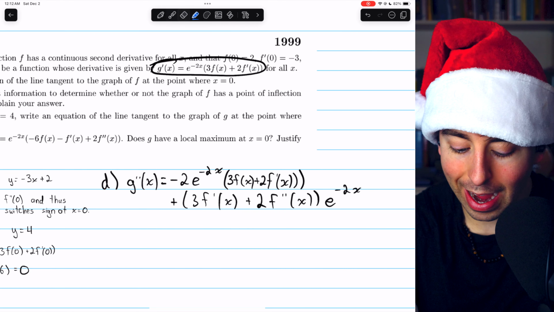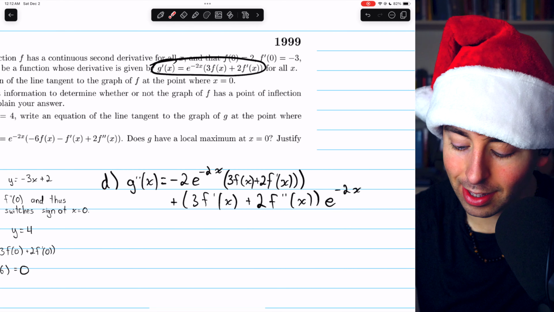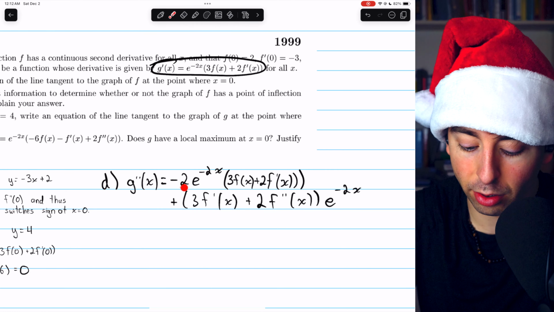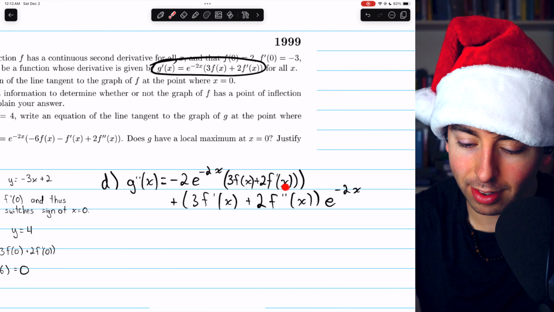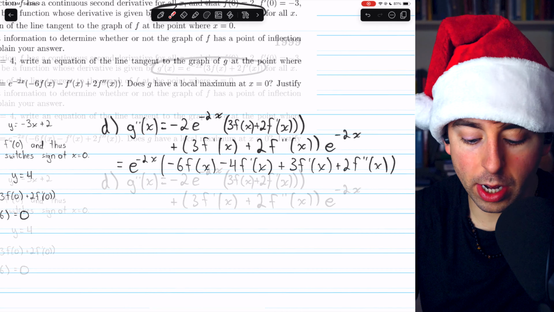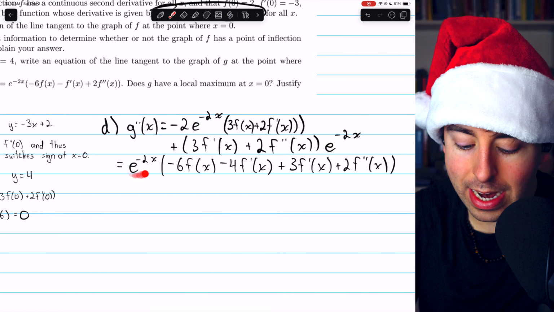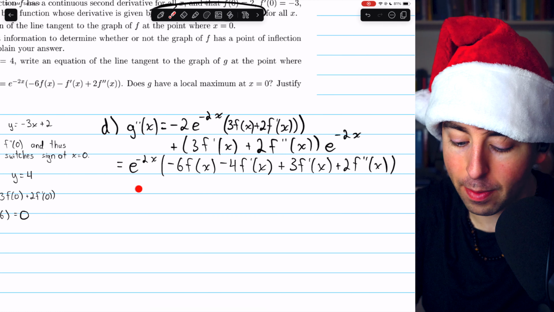Now we can factor out an e to the negative 2x from both of these terms. We can also then distribute the negative 2 through these parentheses and do some simplification. So here we are after factoring out the e to the negative 2x. We have e to the negative 2x, that's getting multiplied by everything.